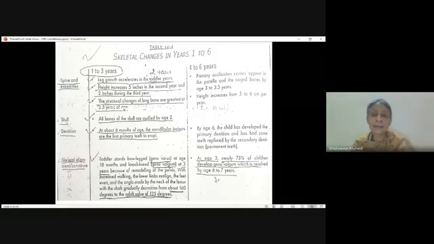Knock-kneed is when a child is standing straight with both his feet together, and there is no space between both the knees. If there is no space between both the knees, then you say that person is knock-kneed.